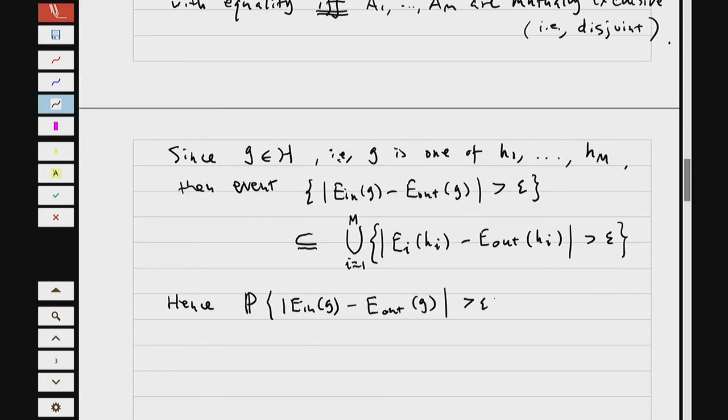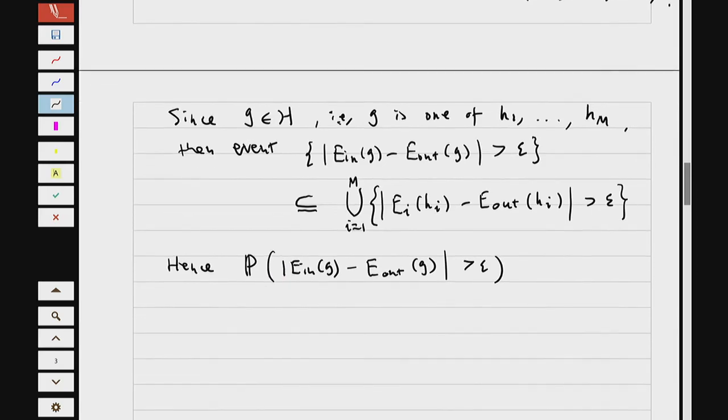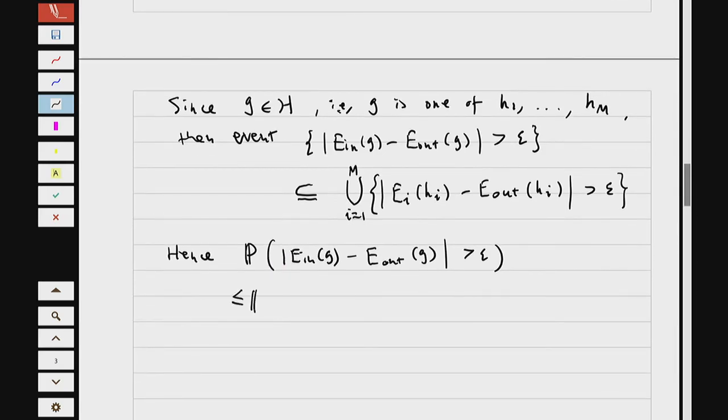The probability that |E_in(g) - E_out(g)| is greater than epsilon is less than or equal to the probability of the union, i from 1 to M, of the events |E_in(h_i) - E_out(h_i)| greater than epsilon.